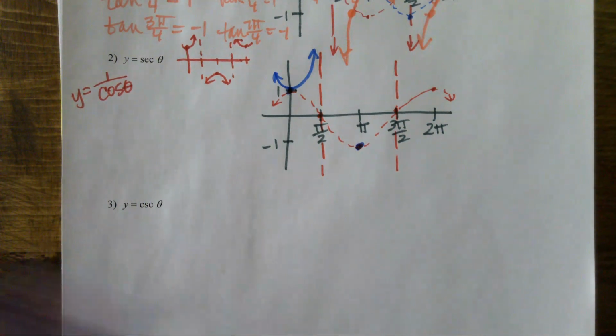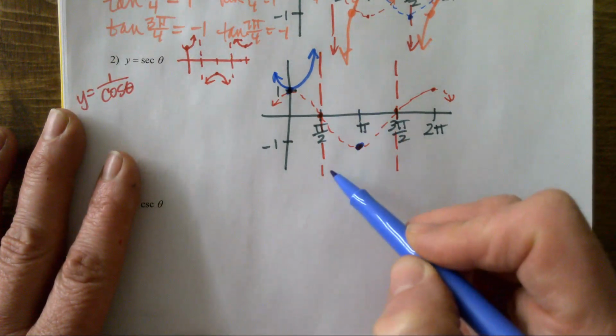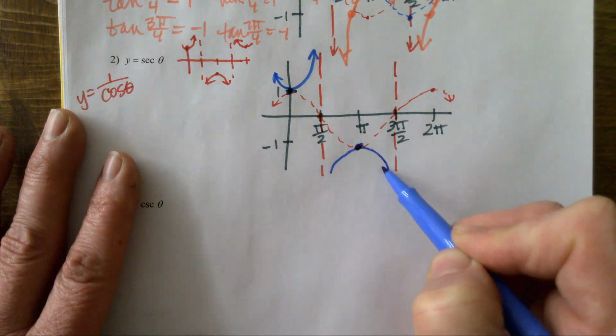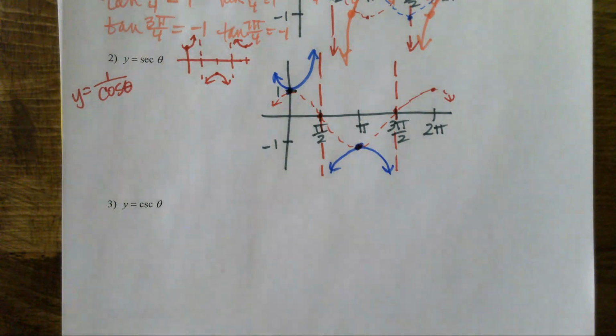And again, if you think about a reciprocal, it's a flip. So if my cosine is curved up, my secant is curved down. It just doesn't flow and connect because it's blocked by those asymptotes. But you can see visually they have that flip look.